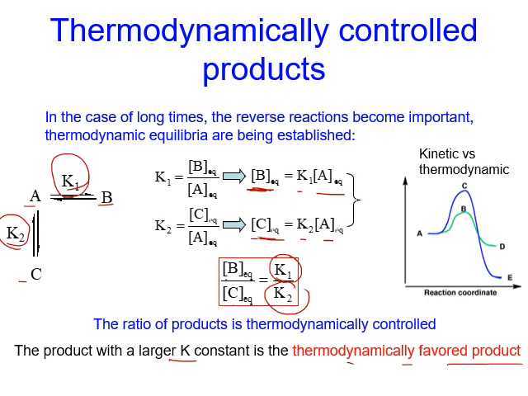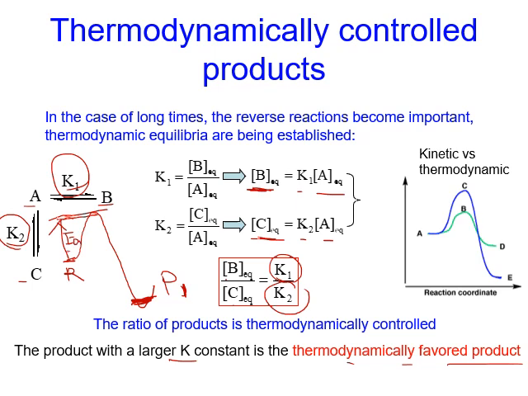Now let's look at the energy diagram. The reactant goes through a transition state, and then it forms the product. Let's say this is P1. What determines the reaction rate is the energy of the transition state, or the activation energy here.